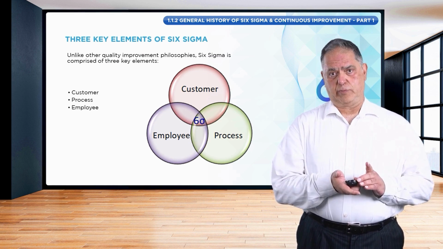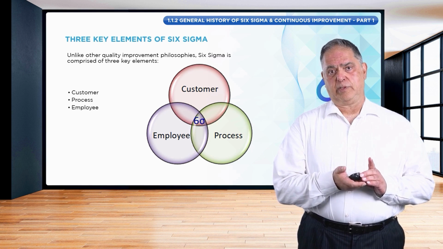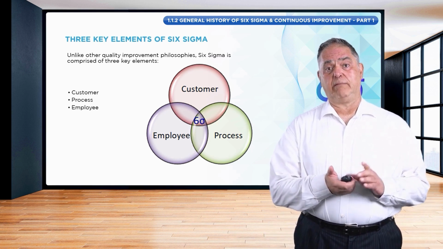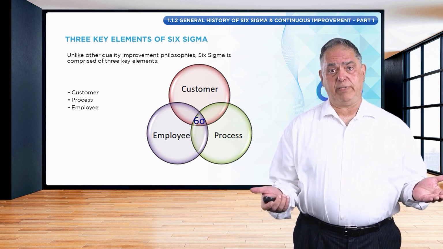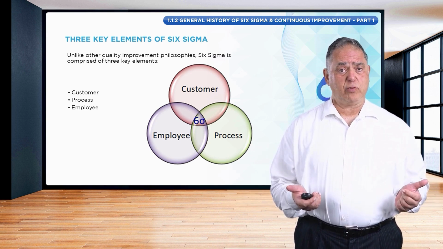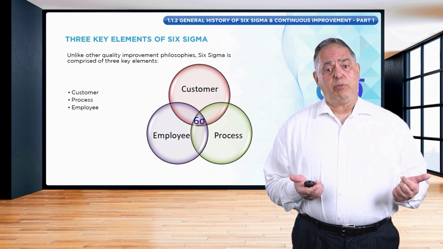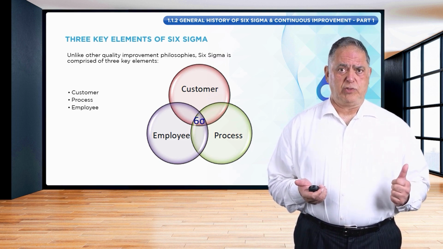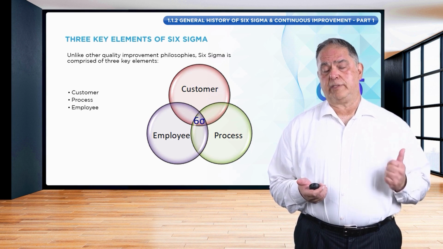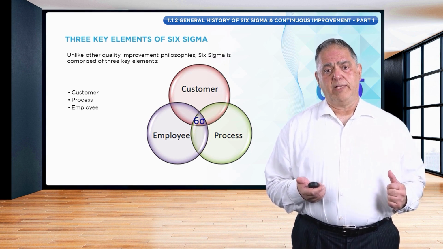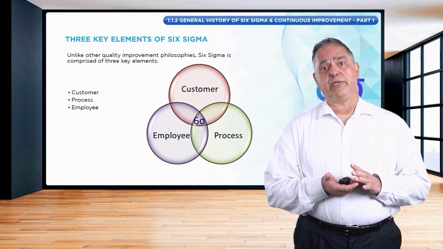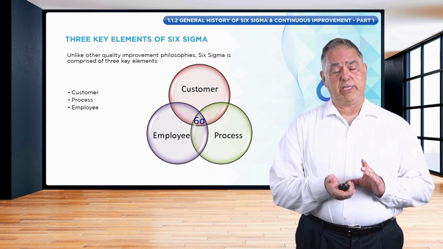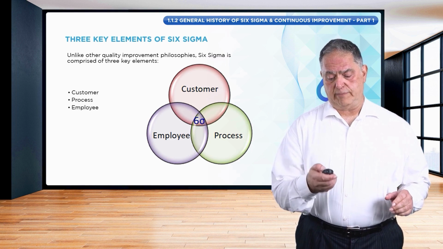The first one is the customer. Who is the customer? The customer can be an individual or it can be a legal entity, like a business entity, for example, a limited company. Employee refers to the people working for the organization that has already adopted the Six Sigma methodology, and process refers to the business process that are run by the organization that has adopted Six Sigma.